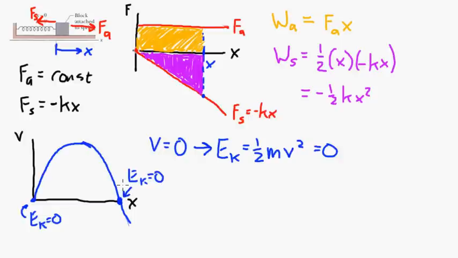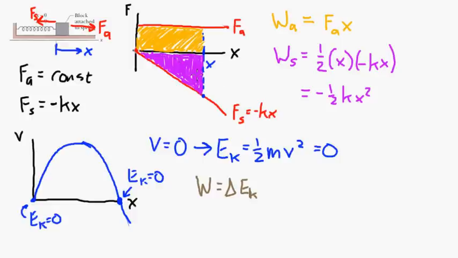So now let's look at how much work is done by these forces and how that affects the kinetic energy. For a single object, we can use the single object version of the work energy theorem, which is that work equals change in kinetic energy. For a single object, we're not dealing with potential energy or anything like that. We're just doing the work done by the spring.